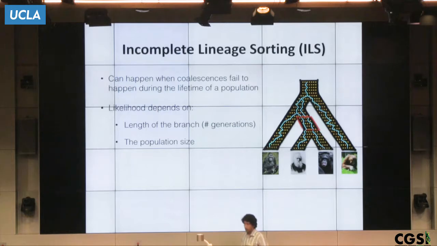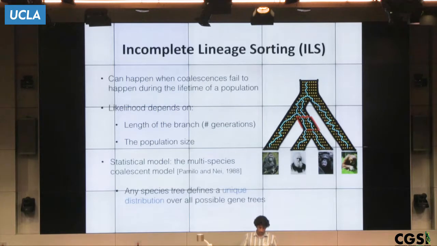Okay, so what's the likelihood of this lack of coalescence? We call it deep coalescence sometimes. It's basically determined by the length of this branch, how many generations you have. Obviously, the more generations you have, the less likely it is that two things fail to coalesce. And also, what's the population size? Right? The bigger the population size, the more likely that lack of coalescence, or deep coalescence, happens.